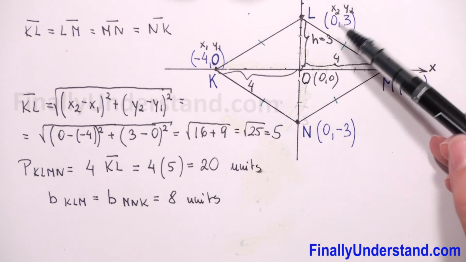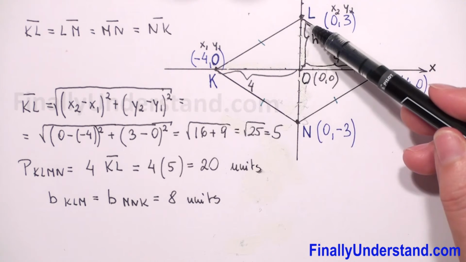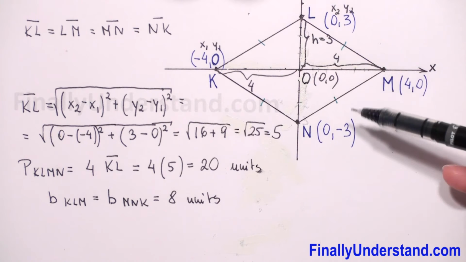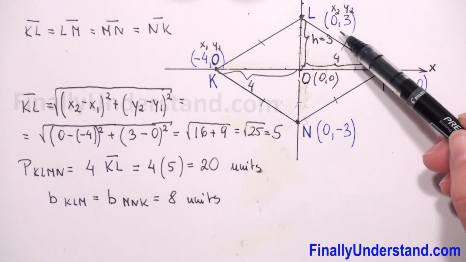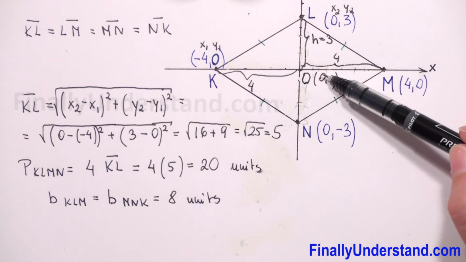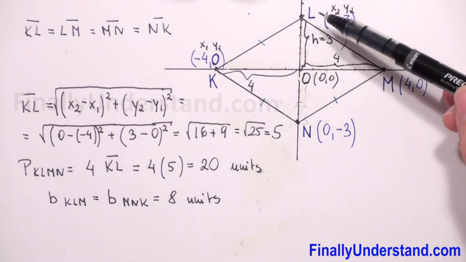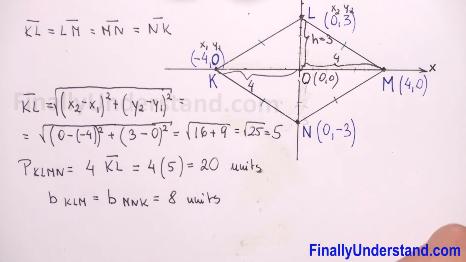And because we see that points L and N are symmetric about the x-axis, because we have coordinates 0, negative 3 and 0, 3, when we fold this sheet of paper along the x-axis, these points L and N will cover each other.